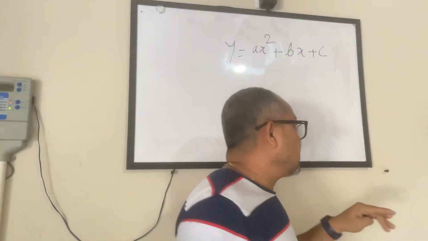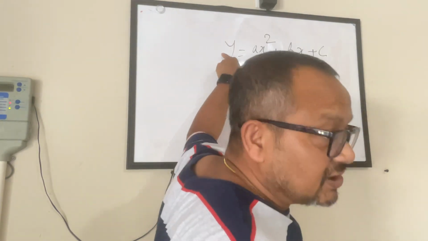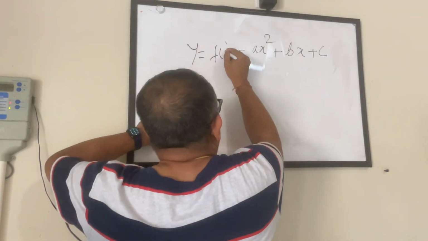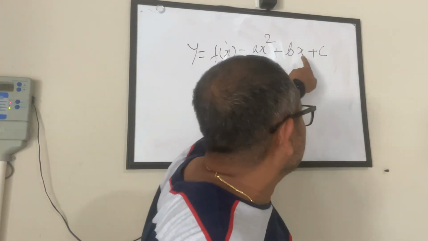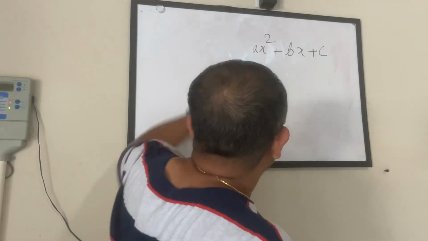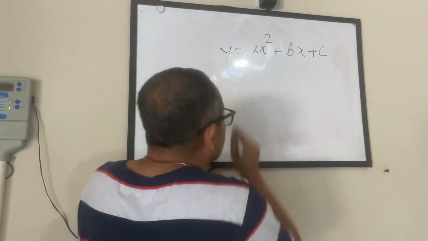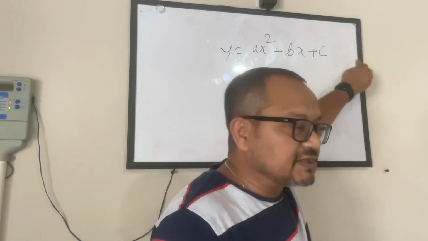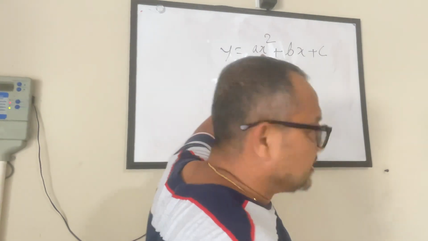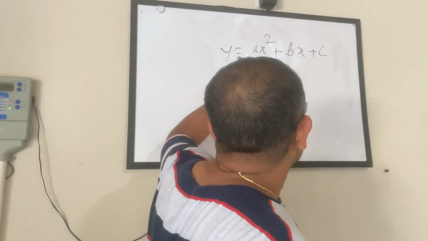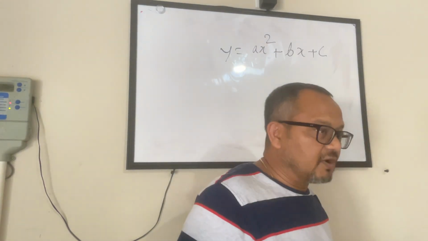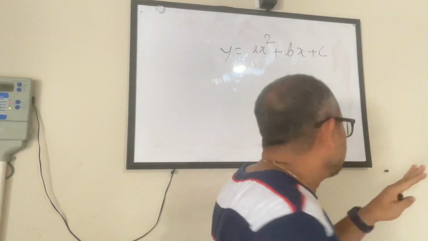This is the most standard form where y, which is a function of x, or you can write this as y equal to a function of x, which is ax squared plus bx plus c. For the sake of simplicity, we don't write this and don't complicate it. You just say y equals ax squared plus bx plus c. a, b and c are constants. x and y are variables, where y is a function of x with this relationship. This is called standard form. Quadratic equation in standard form.